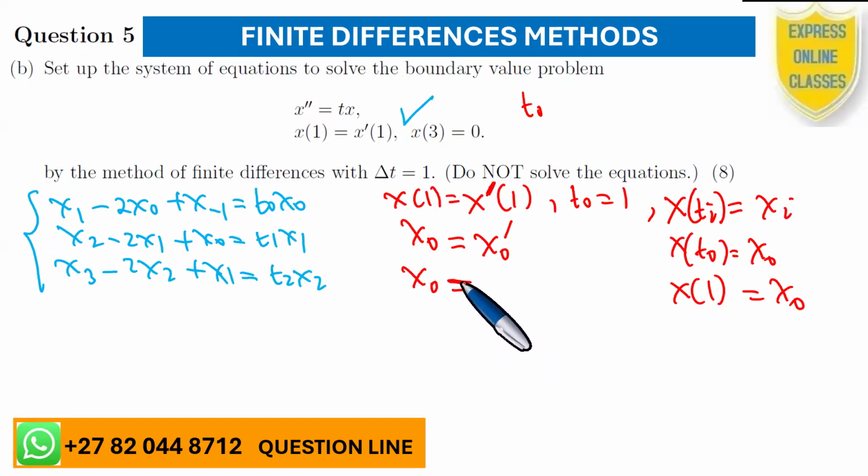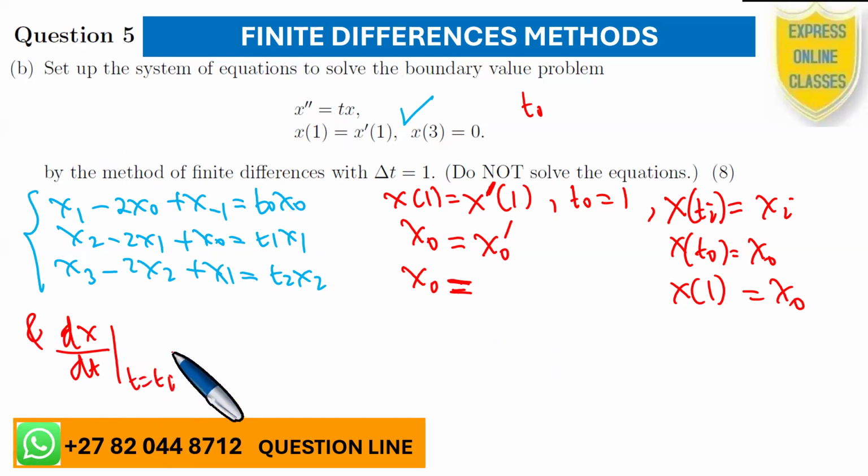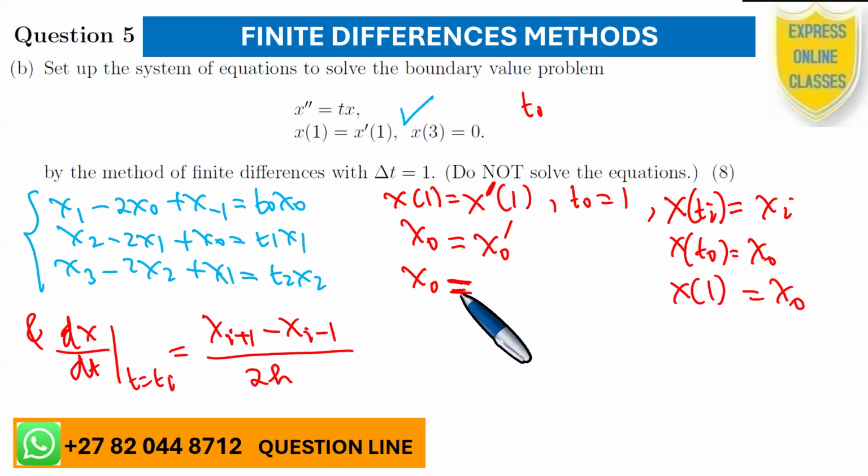Okay. Which then means that we remember that the dx dt evaluated at t equals ti is x i plus 1 minus x i minus 1 over 2h.